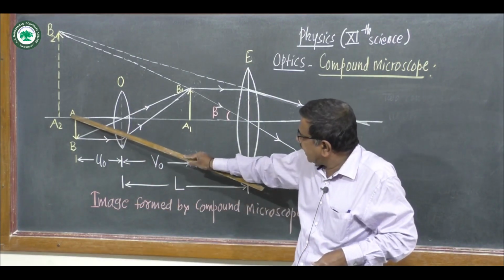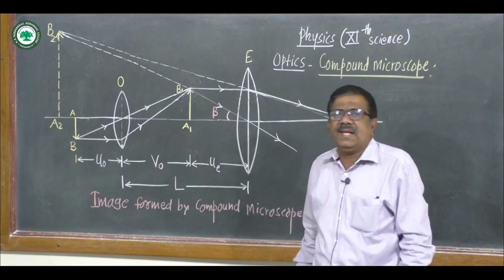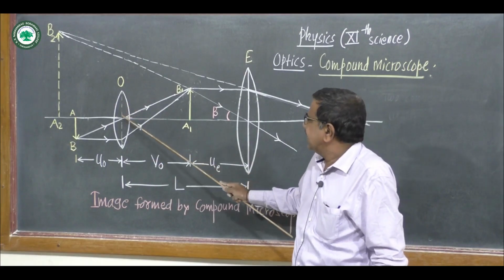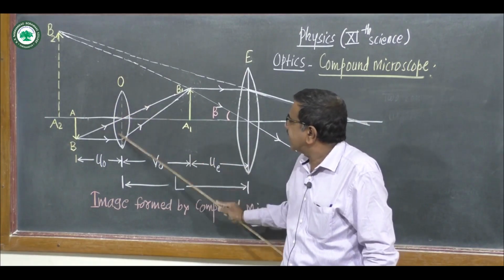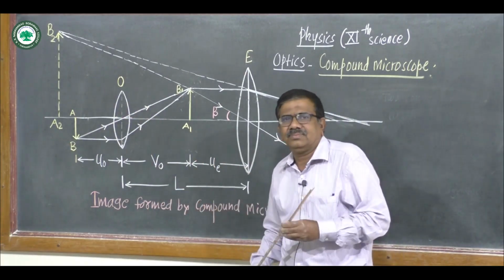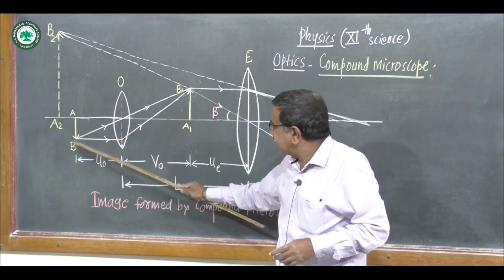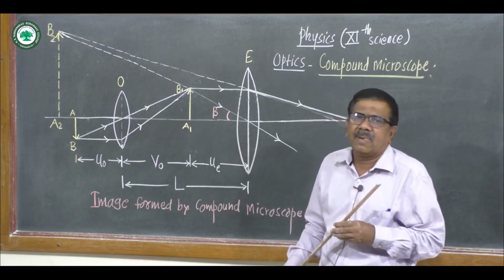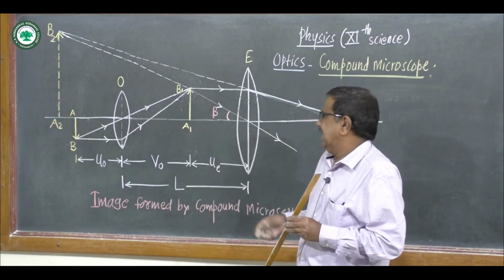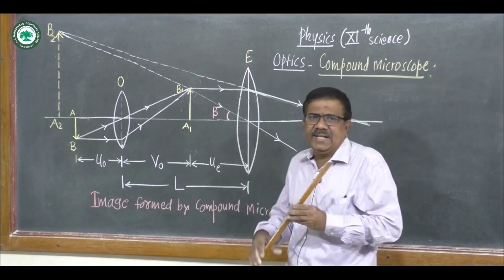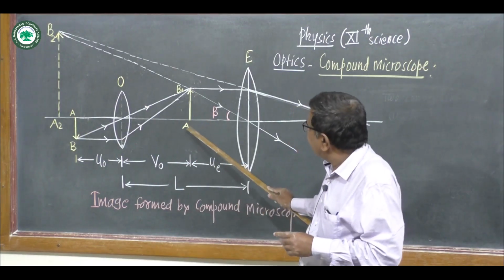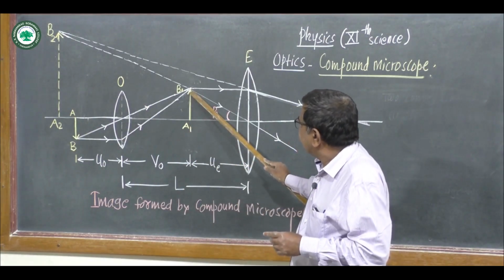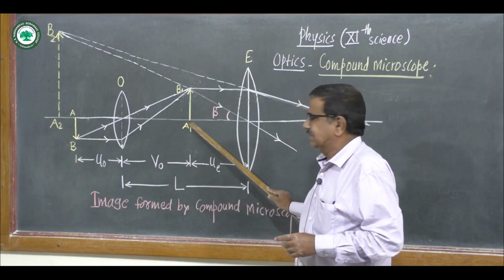This object AB is placed just beyond the focal length of this objective O. Its real, magnified and inverted image A1B1 is formed on this side.